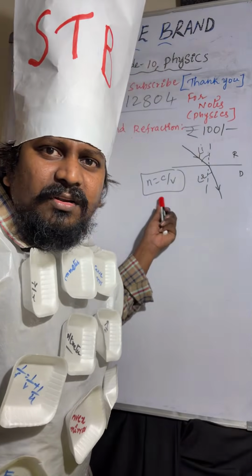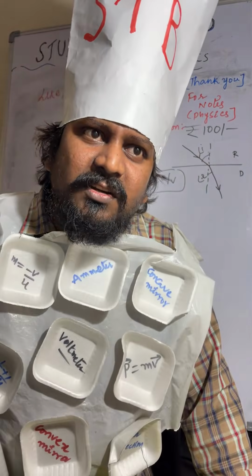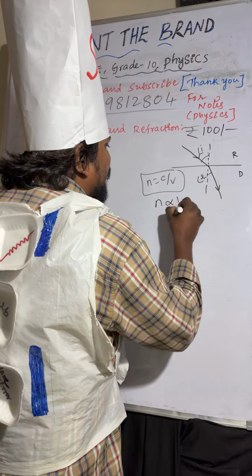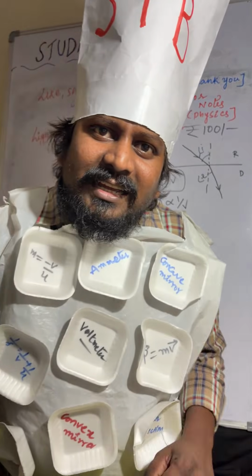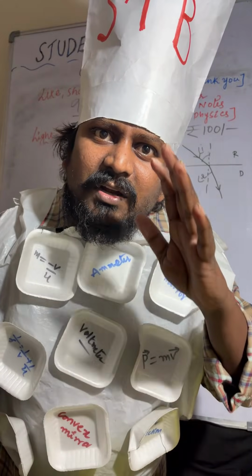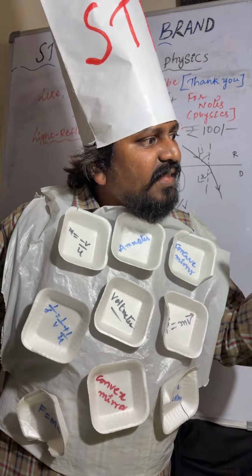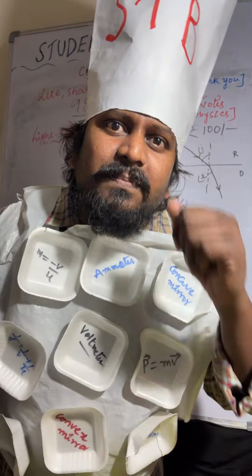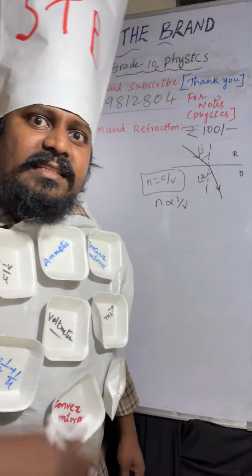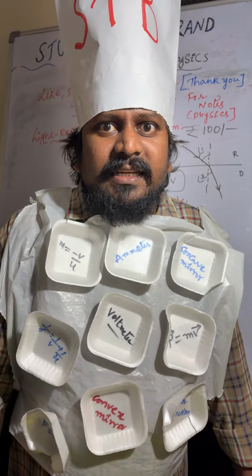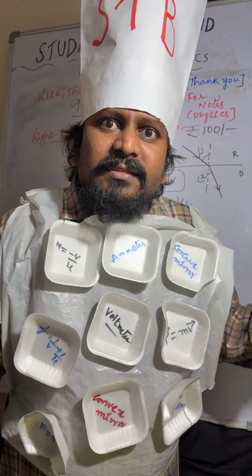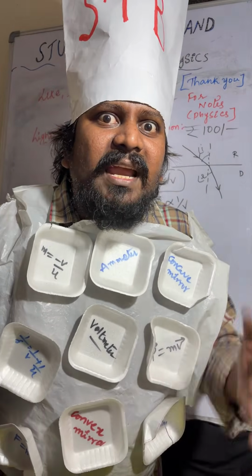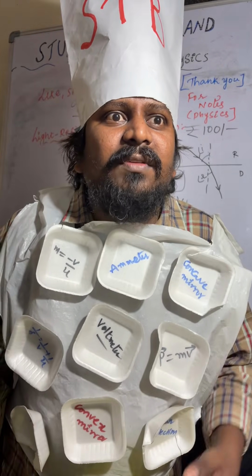Because n is inversely proportional to velocity. So the refractive index of medium 1 with respect to medium 2, n12, equal to n1 by n2, is equal to v2 by v1.